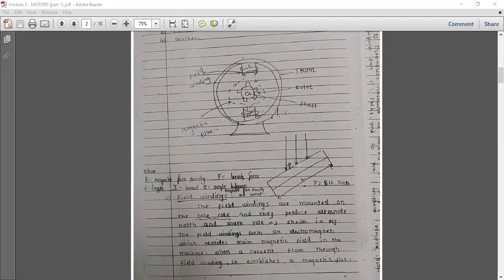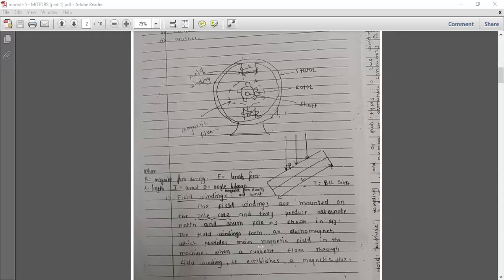The field winding forms an electromagnet which provides the main field in the machine. Electromagnet means what? If the field winding, that is a coil, is being used, then obviously a magnetic field is produced in the machine.